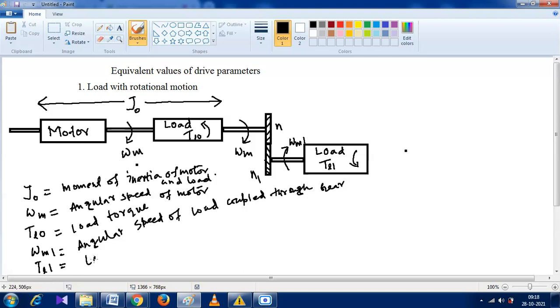TL1 is the load torque of the load coupled through the gear.